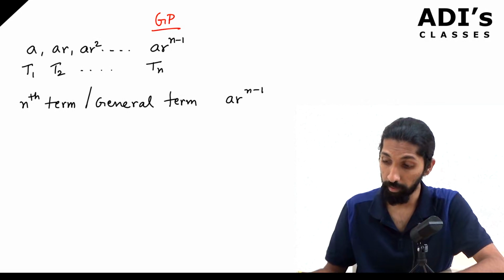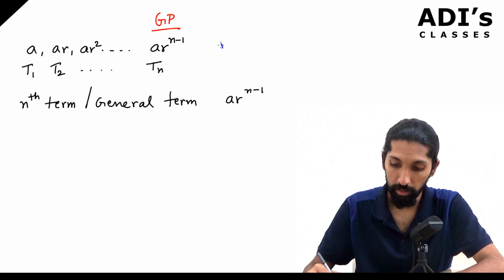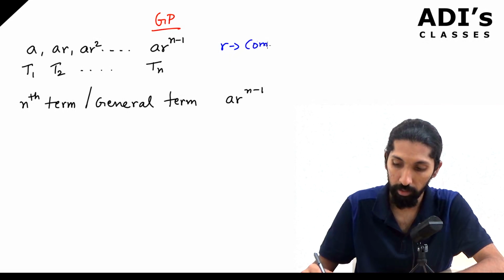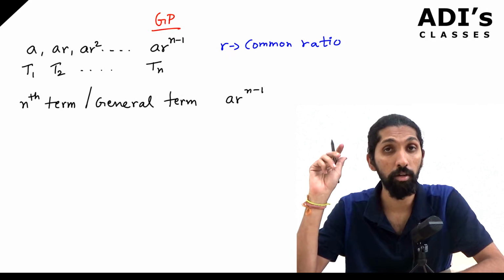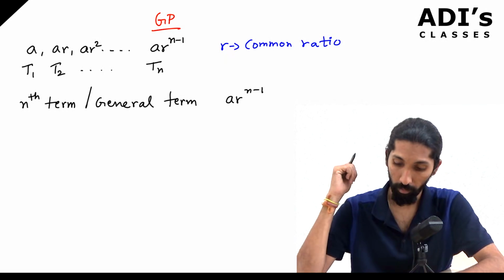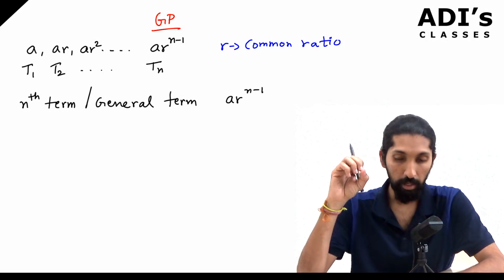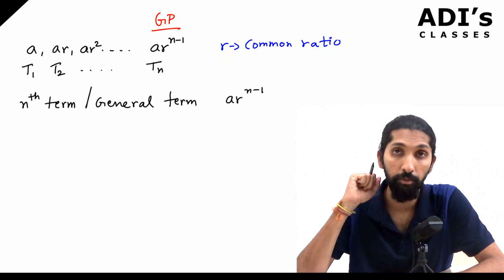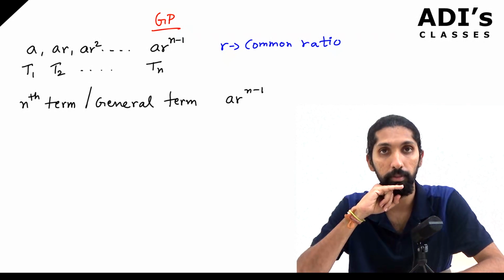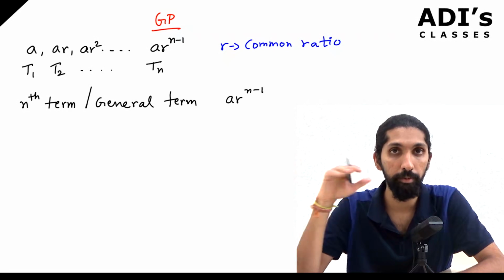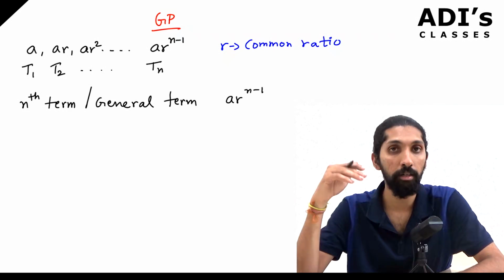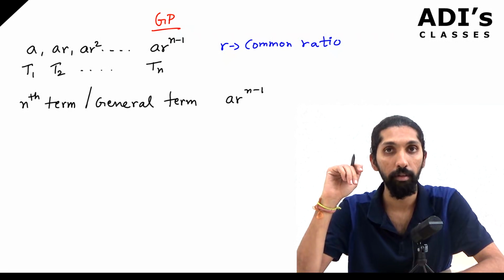Remember, here r is called the common ratio. So in this case, the nth term formula is ar to the power n minus 1, just like how we had it in AP, a plus n minus 1 into d, right? Here it is ar to the power n minus 1.